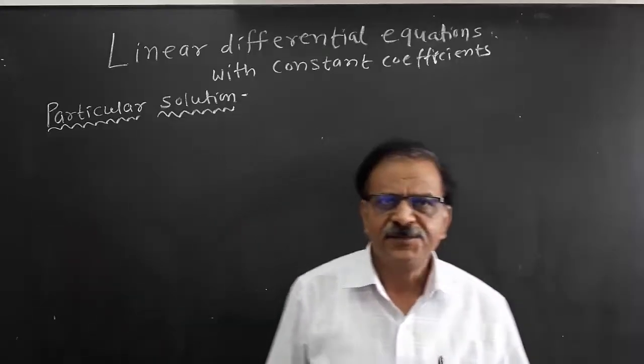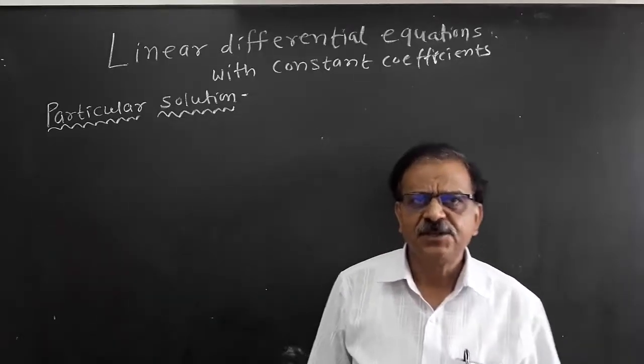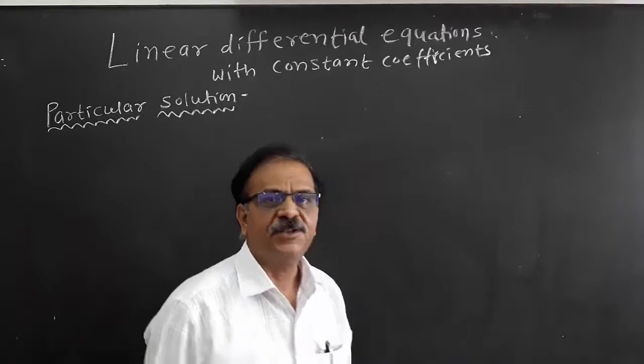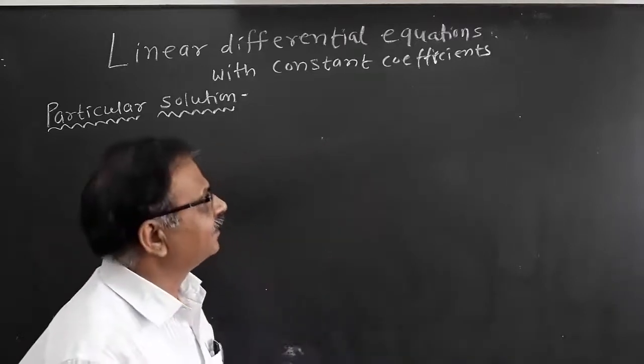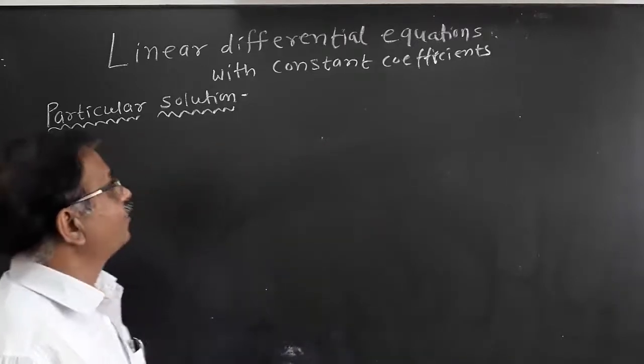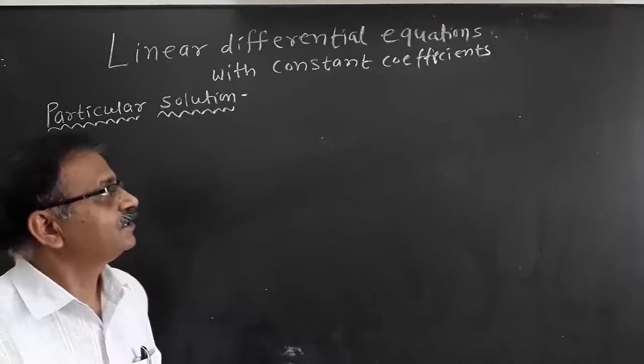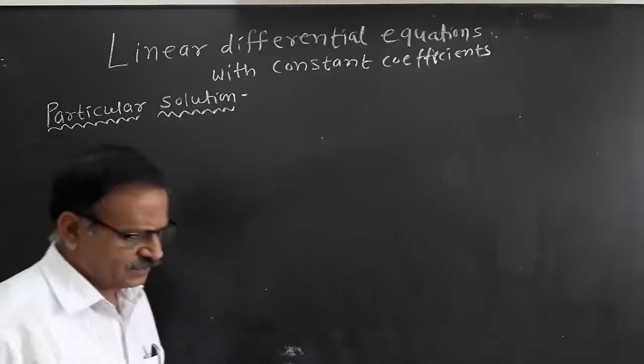In our last video, we have obtained the general solution of linear differential equation with constant coefficients. Now, let us see how to obtain the particular solution of a differential equation.